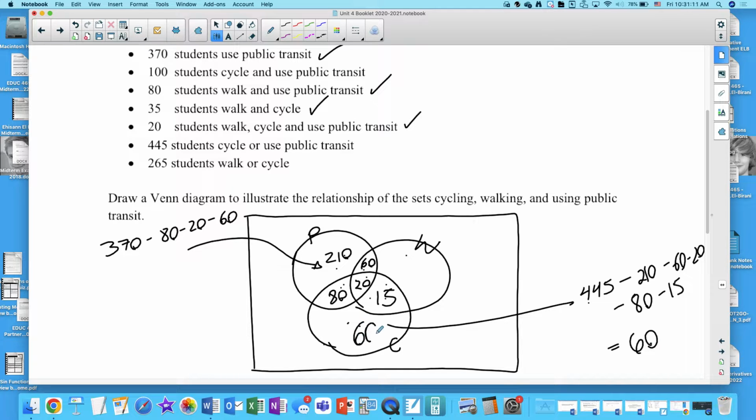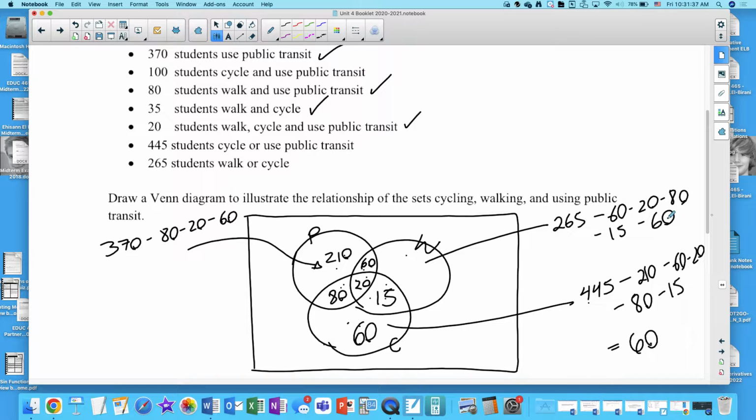Once I get this guy, could I say how many are only walking? Yes. Now I can use that last clue about the 265 students. So this is going to be 265 minus 1, 2, 3, 4, 5: 60 minus 20 minus 80 minus 15 minus, what did I miss? 60.